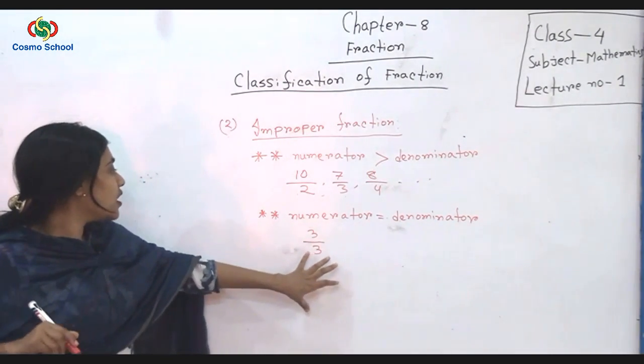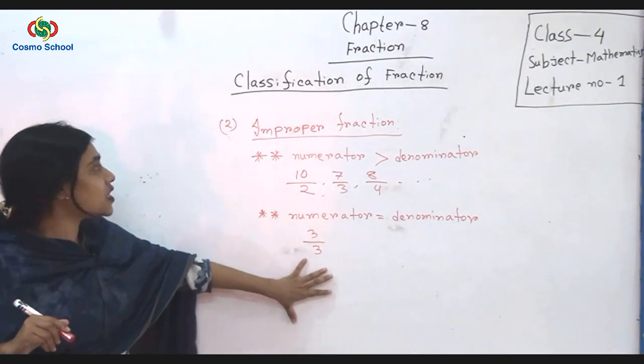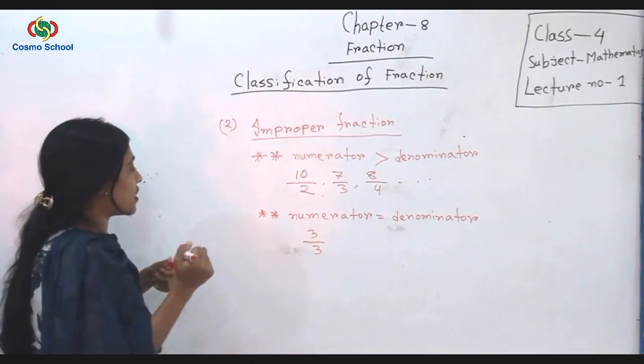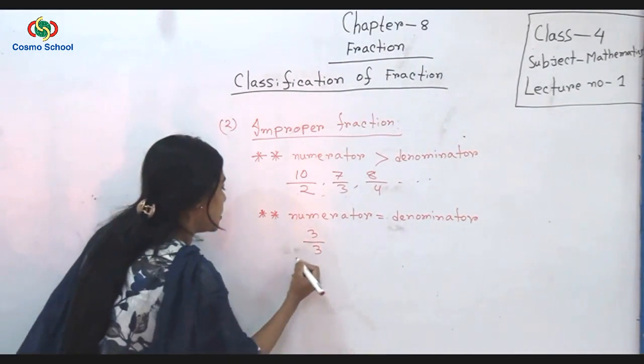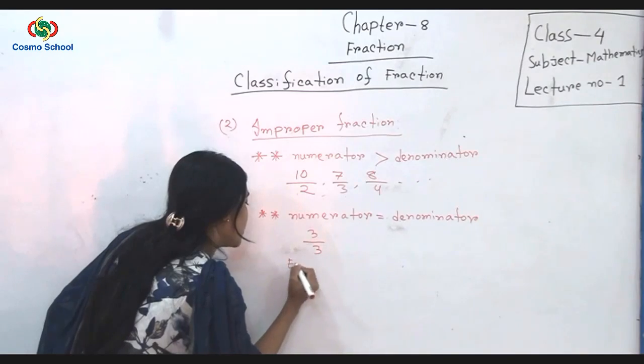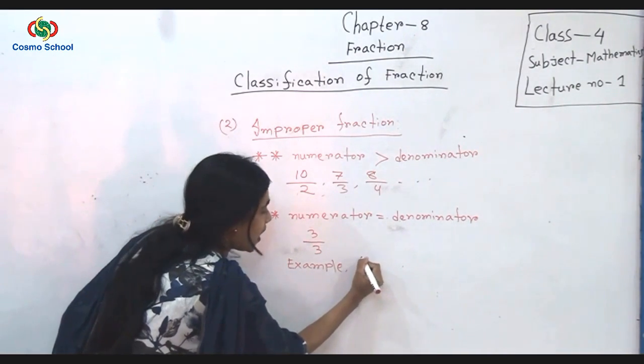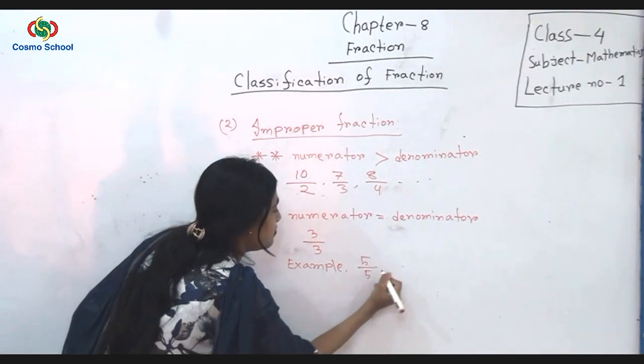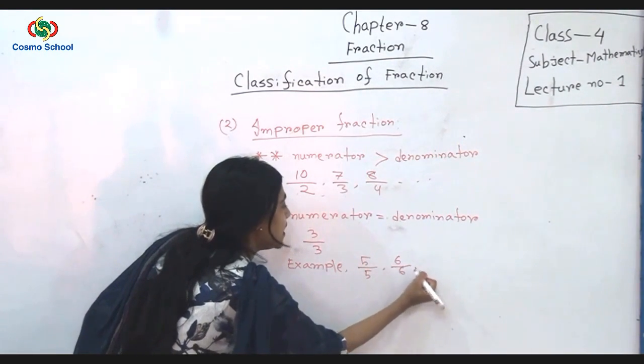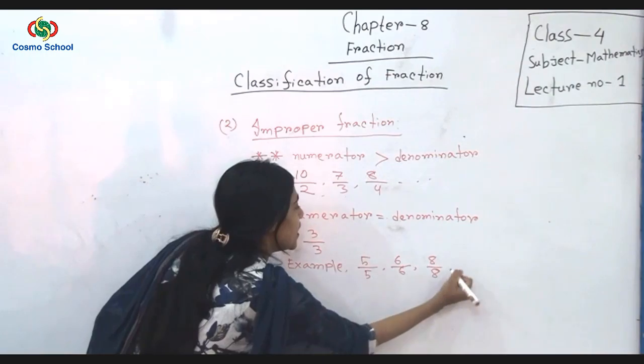So I can say 3 divided by 3 is also an improper fraction. Some more examples: 5 divided by 5, 6 divided by 6, 8 divided by 8, etc.